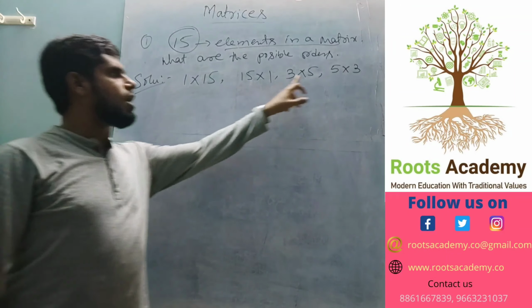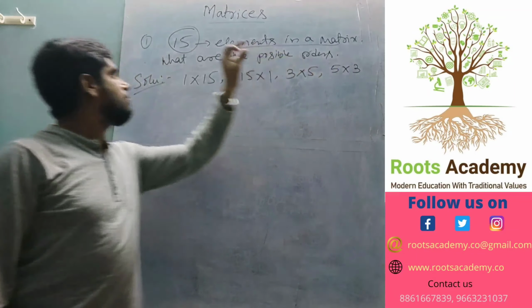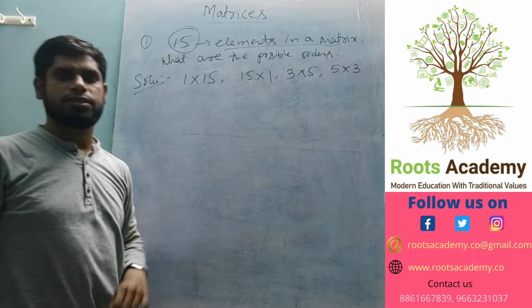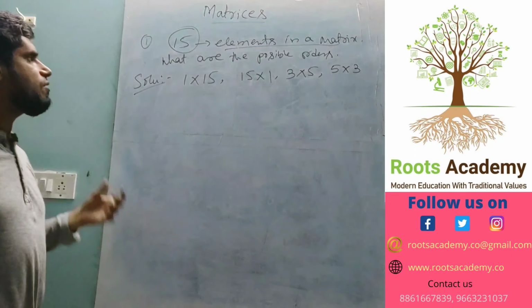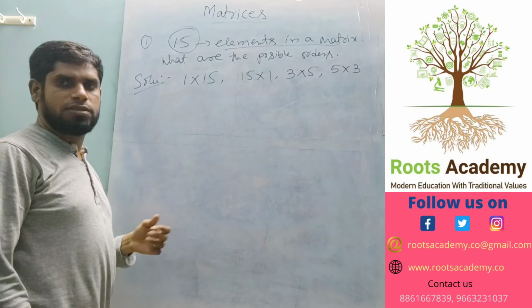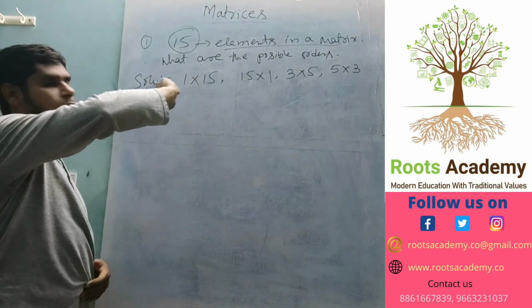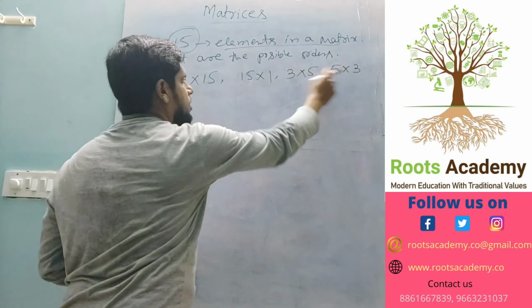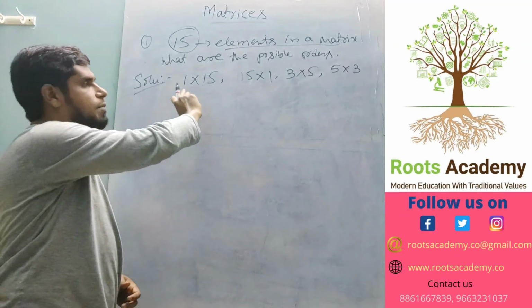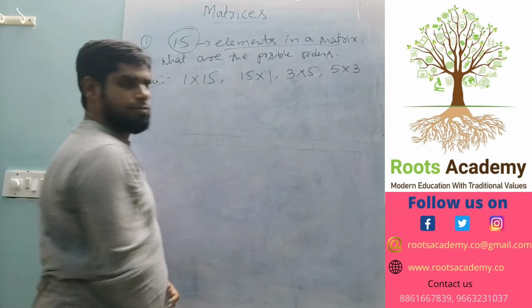These are the possible orders we can get with these 15 elements. So it means if you have a matrix with 15 elements, then the possible orders are any one among this.